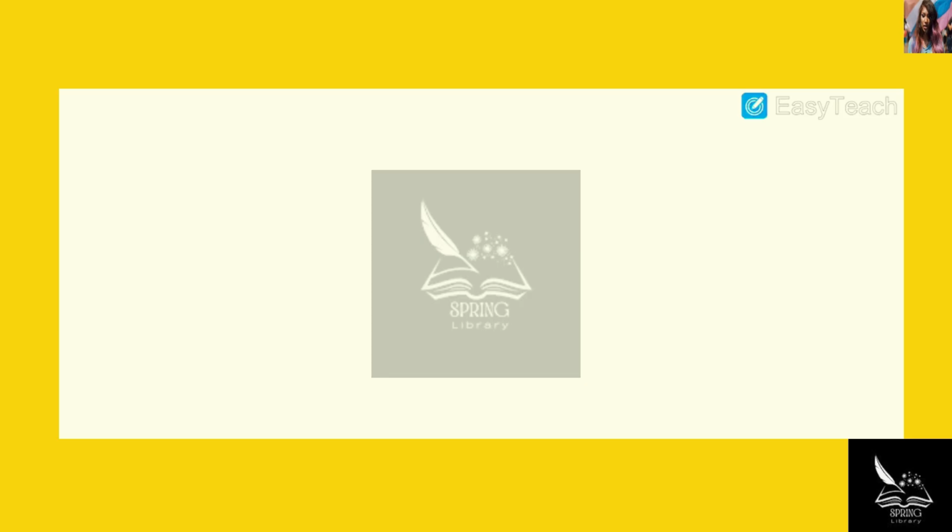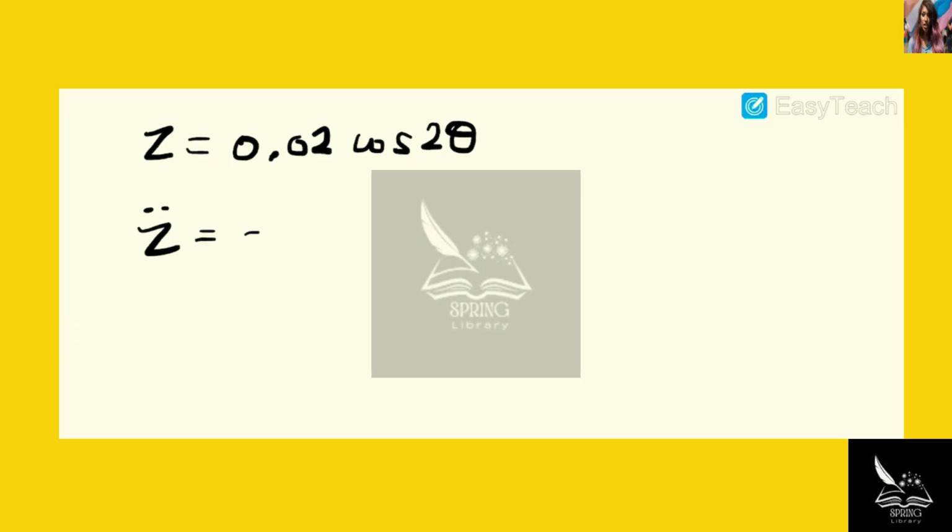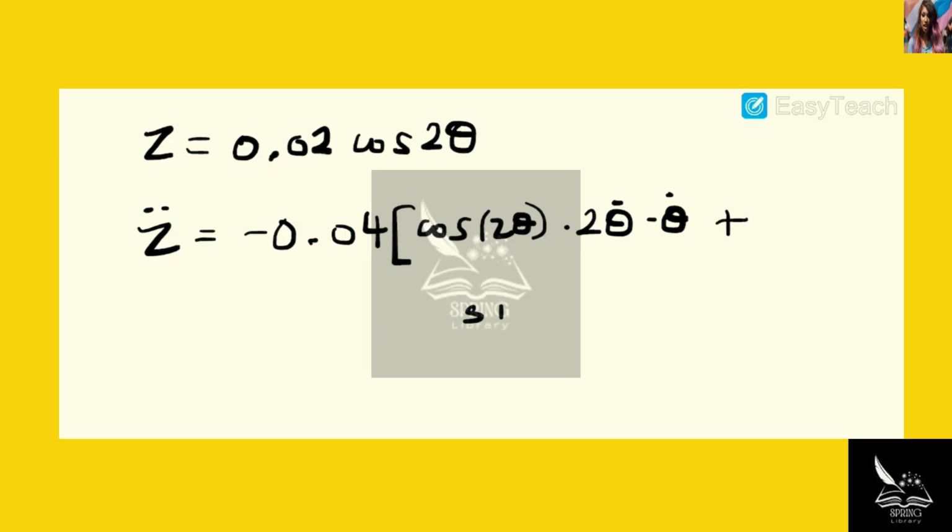So what we're going to do first is write down our motion in z. We know that z is equal to 0.02 cosine 2 theta. Next, we can take the derivative twice to get our acceleration in the z direction. So we get that z dot is equal to negative 0.04 times the quantity cosine of 2 theta times 2 theta dot times theta dot plus sine of 2 theta times theta double dot.